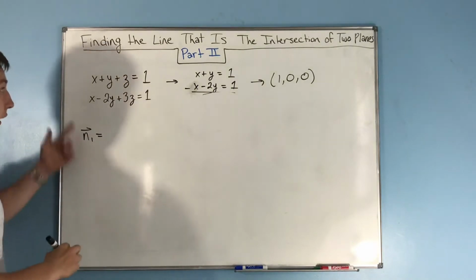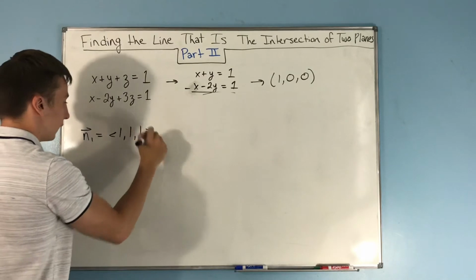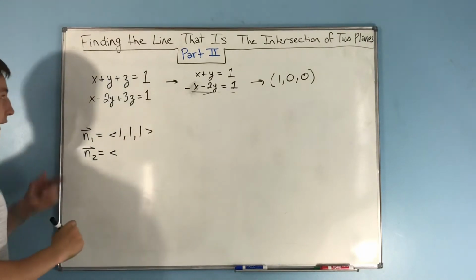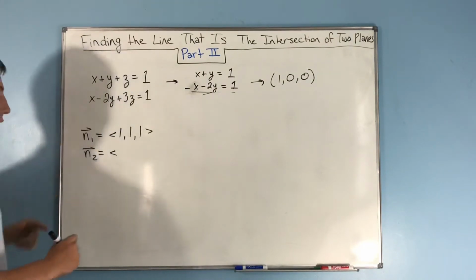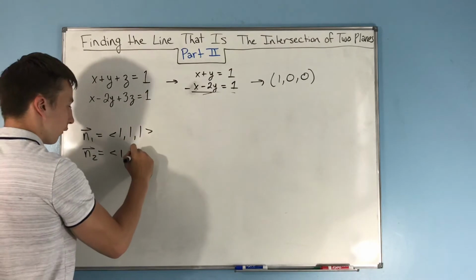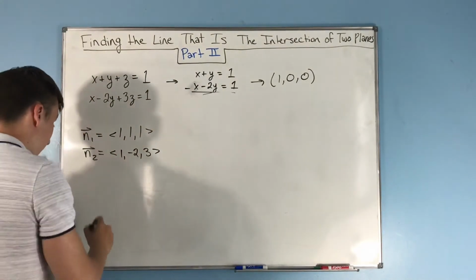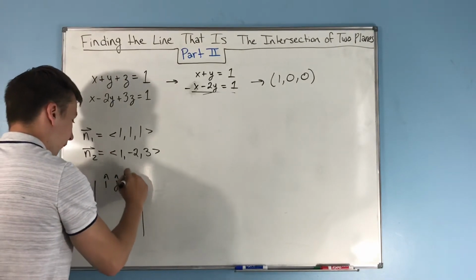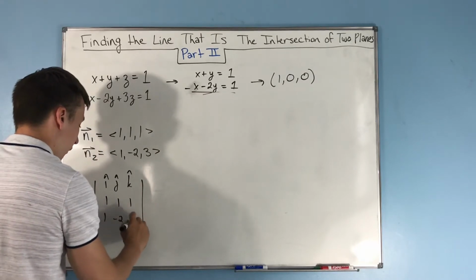That is 1, 1, 1, just the coefficients on x, y, and z. Our second normal vector is the coefficients on x, y, and z again, which is 1, negative 2, and 3. Now we just have to cross these. So we have i hat, j hat, k hat, 1, 1, 1, and 1, negative 2, 3.